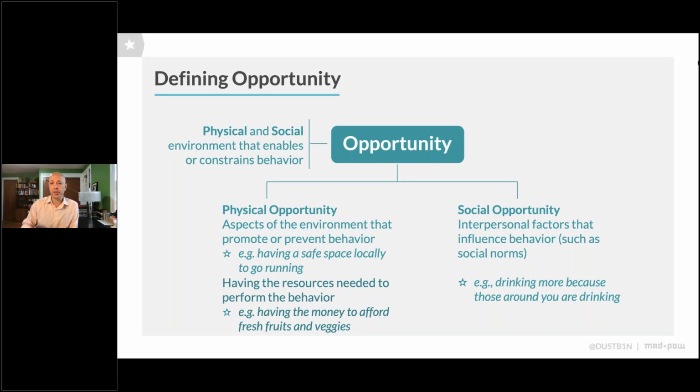And along with that physical opportunity, again, we think about social factors that make behaviors more likely or less likely to occur. We can think about both social support and the advantage that we gain when we can provide real world or even digital support for people.